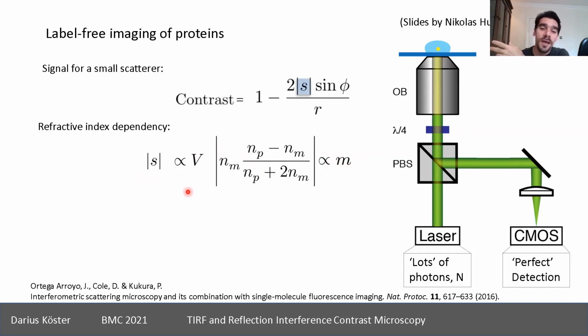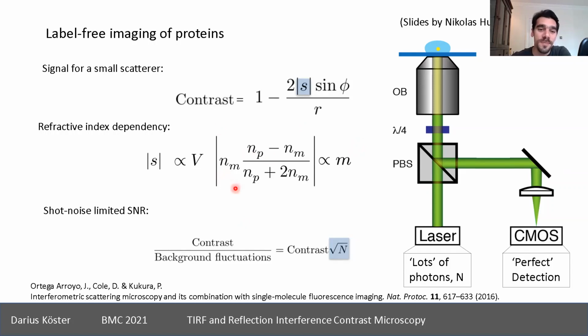And that's actually a nice feature, that this scattering technique can also be used to detect the mass of your proteins or of your objects of interest. And this is also actually used, I think they call it iSCAT, interferometric scattering mass spectroscopy.